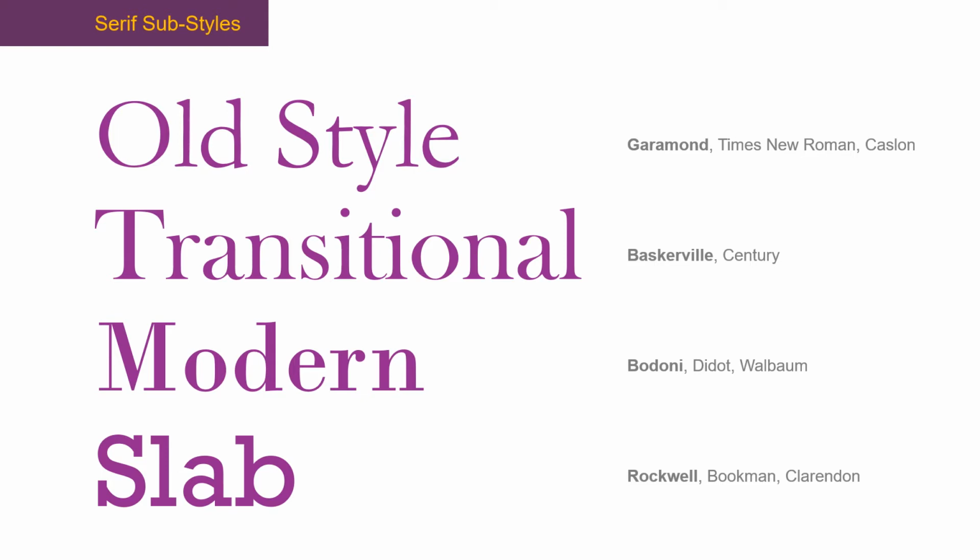So then after modern is slab serif fonts. Slab serifs are going to have usually more of a uniform weight to the letter forms, unlike the modern, which has, like I said, a high contrast weight to it. But the slab serifs do have these very vertical serifs on the edges of the letter forms, like you can see here.